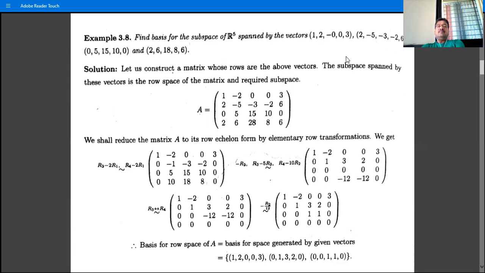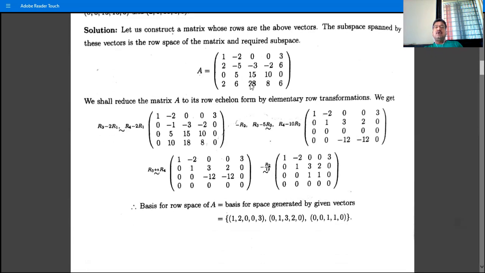In order to find the basis for the space spanned by the vectors, you have to find the basis for the row space of the matrix. What is that matrix? It is the matrix A formed with these vectors as its rows. Then we have to find the basis for the row space of A.